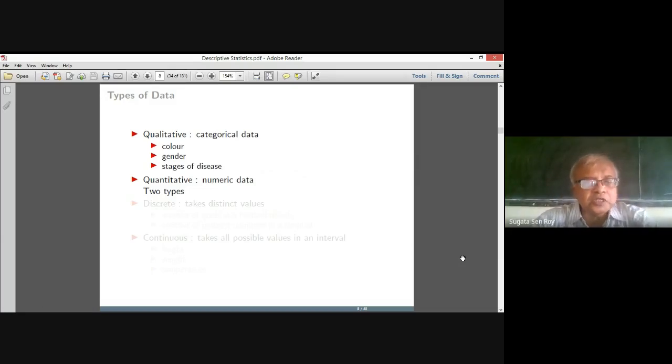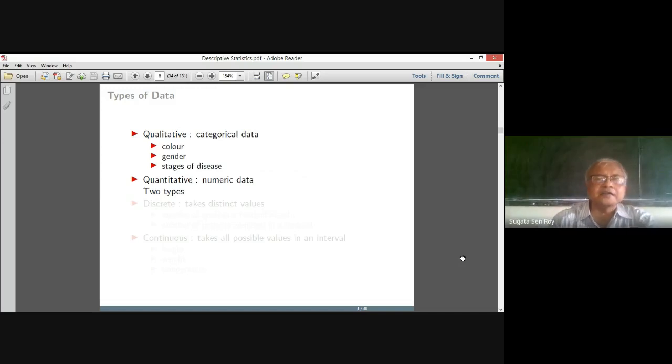Qualitative is categorical data like color, gender, or stages of disease. You can ask them opinions, whether you like this or don't like this, whether you are in favor of this or not. These are qualitative. We just categorize them; we don't have a numerical value.